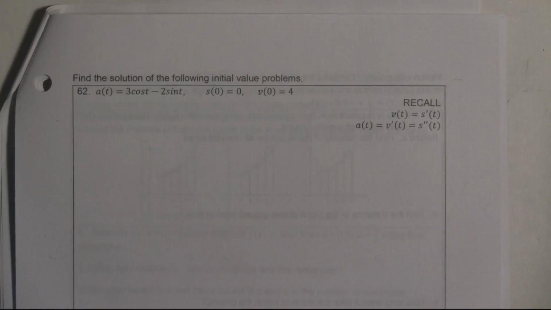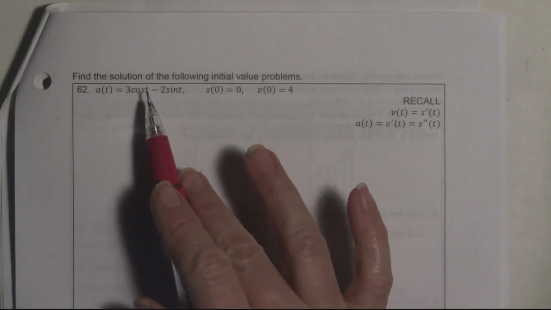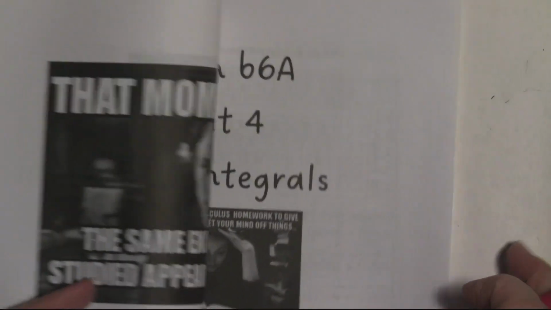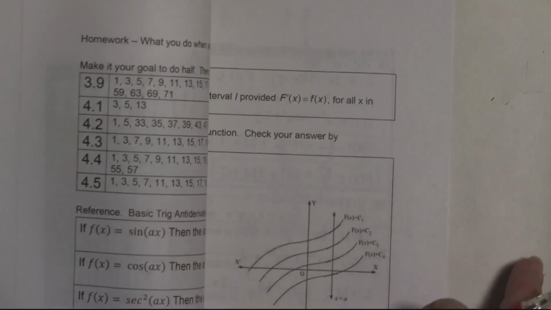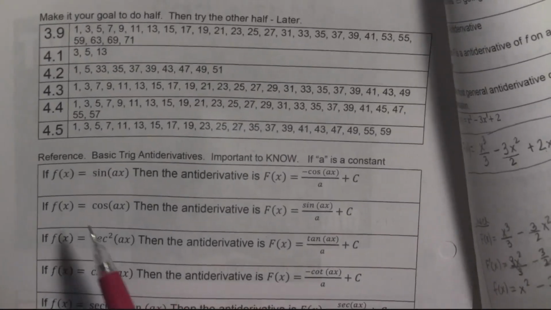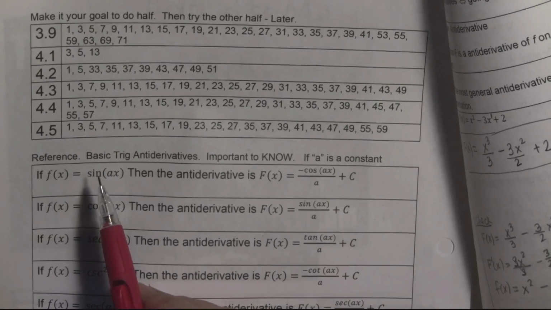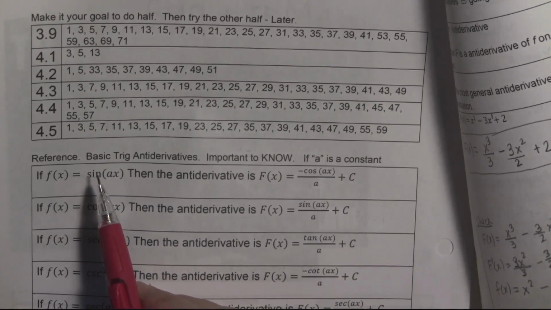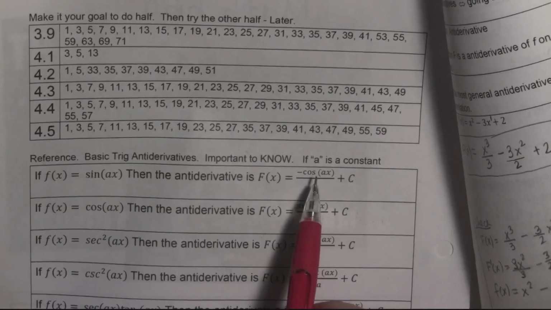And so I can go and look. These here, both of them, I wrote on the inside of your booklet right here too, just so that when you're finding your trig ones, if you can't find it, you can find it really carefully. This is finding the antiderivative of sine. It's equal to negative cosine.